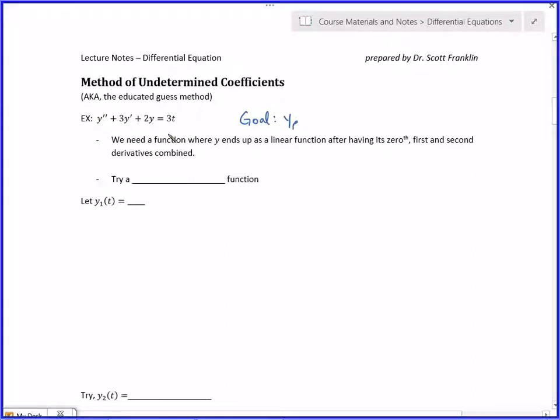So here's what my best guess would be: if the right-hand side is a linear function, why not try a linear function as a guess? Right? The right-hand side looks like a constant times t. Let's try at, where a is now an undetermined coefficient. But at is my yp. This is my guess.